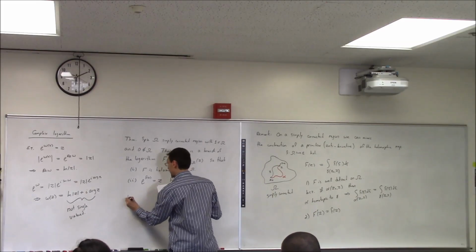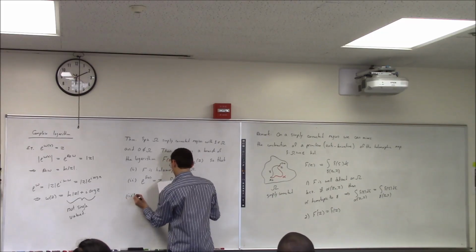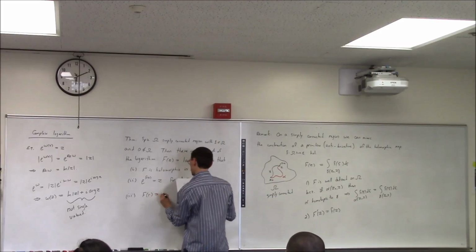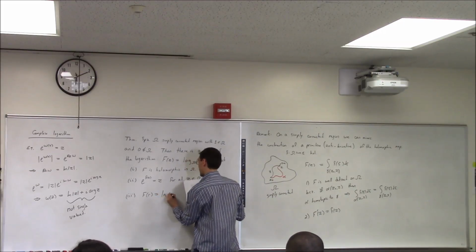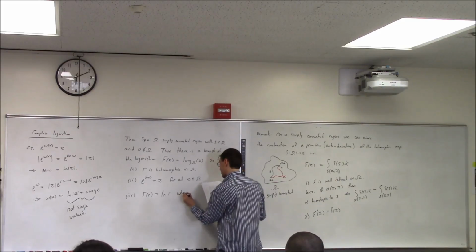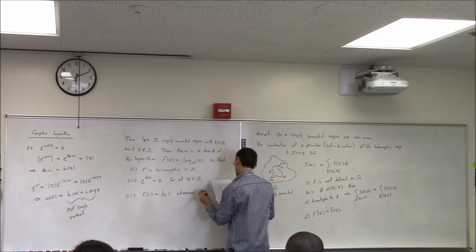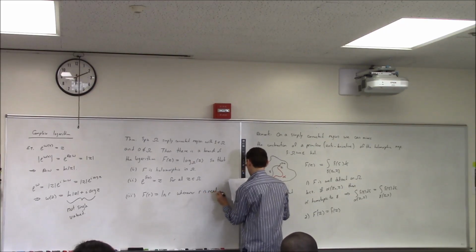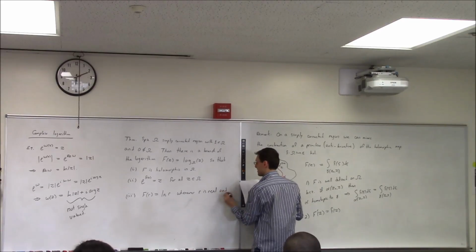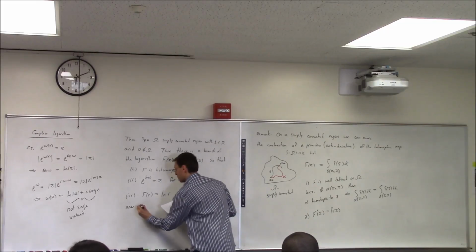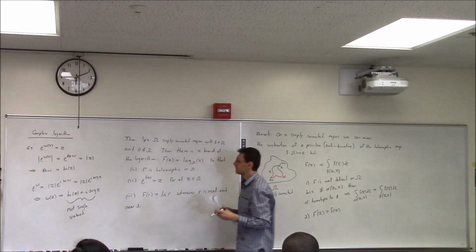And third property, we can write that F of r is equal to ln of r whenever r is real and near the point 1. Okay?